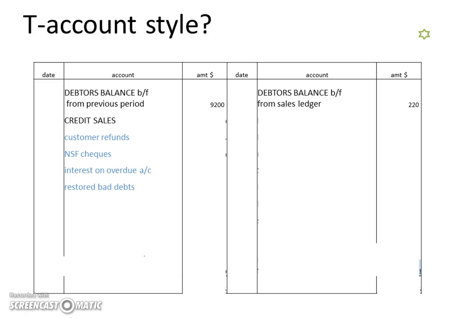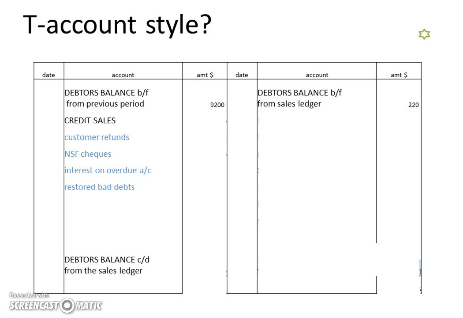So those items are the credit sales, the refunds, the dishonored checks, interest on overdue accounts, and the reinstated bad debts, as well as the debtor's balance on the sales ledger at the carry down position, that is at the end of the month. So remember, if it's brought forward on the credit side, it's likely to be carried down on the debit side.